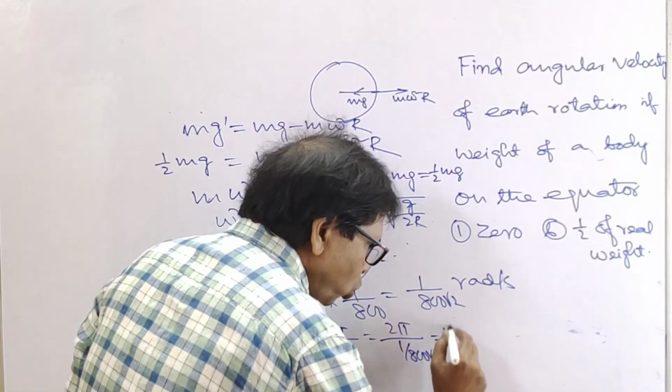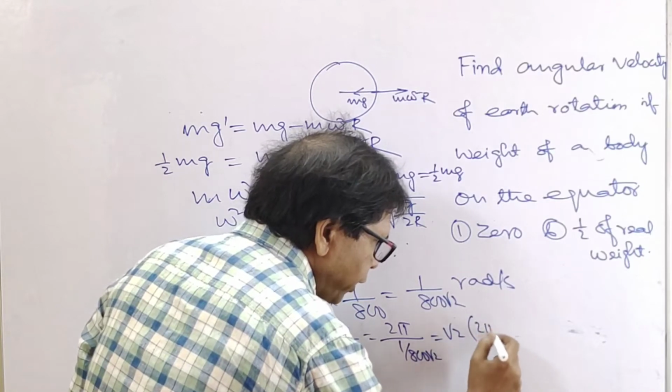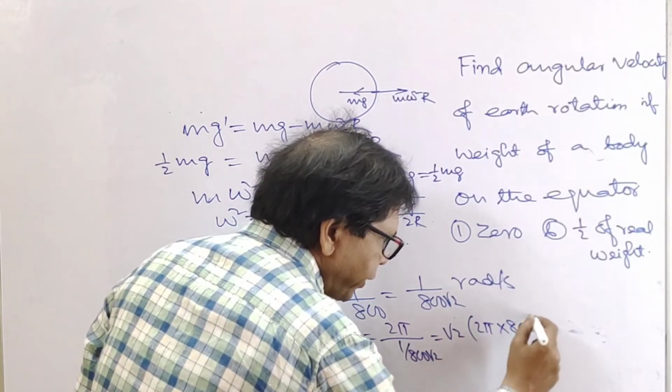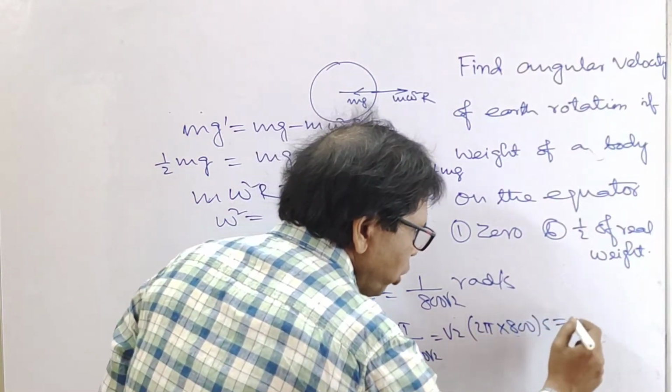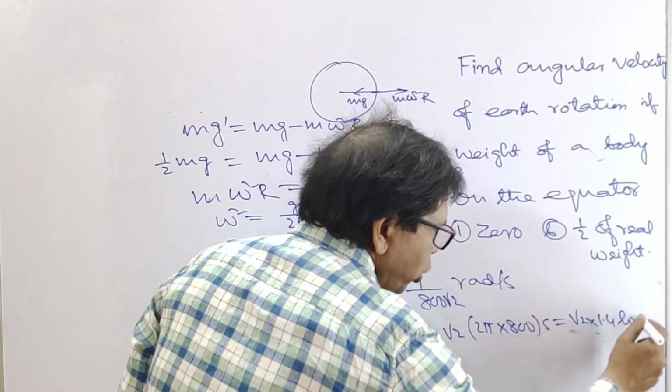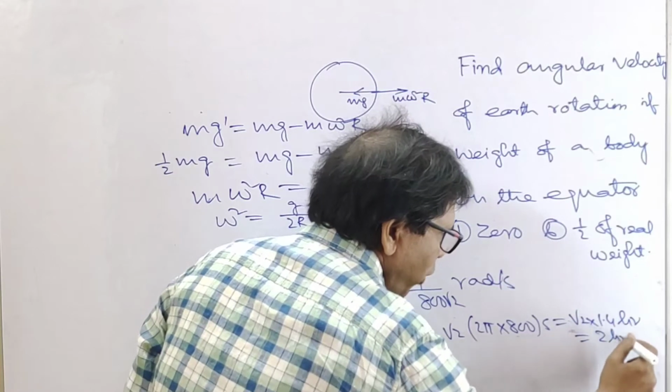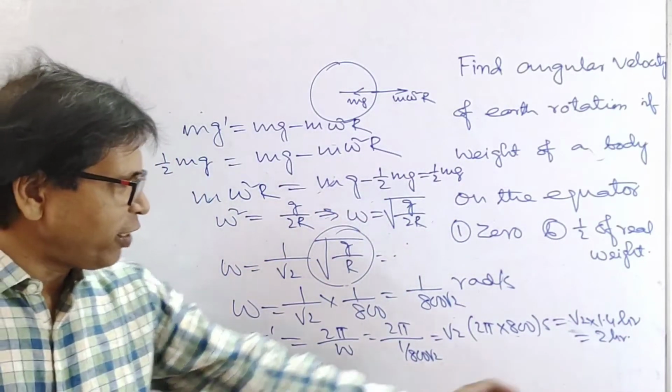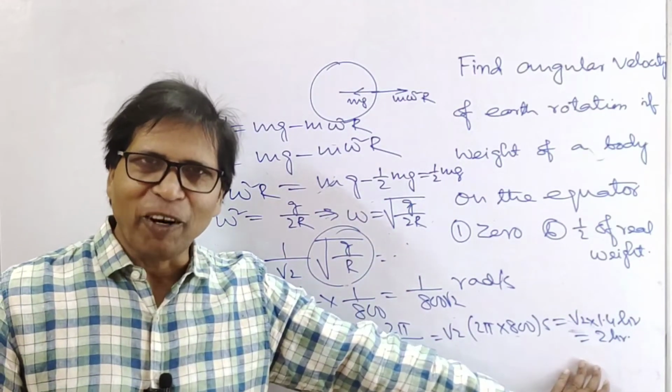This is root 2 into 2 pi into 800 seconds. Therefore this is root 2 into 1.4 hour, so this is 2 hour. Okay, so the duration of day becomes 2 hour.